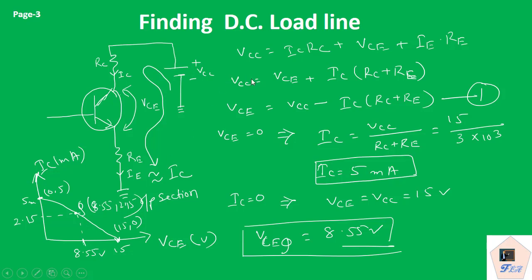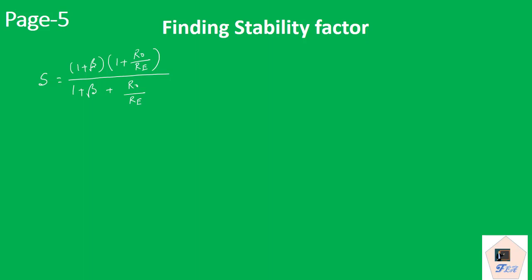So first we have found the DC load line, then we have found the operating point. Now for finding stability factor, it is given as S equals (1 plus beta) into (1 plus R naught by RE) divided by (1 plus beta plus R naught by RE). R naught value we have already found as 3.33 kilo ohms, and RE value is given as 2 kilo ohms. So substitute these values.